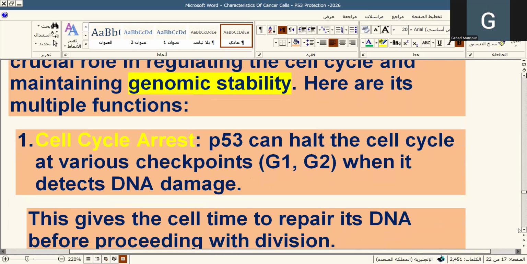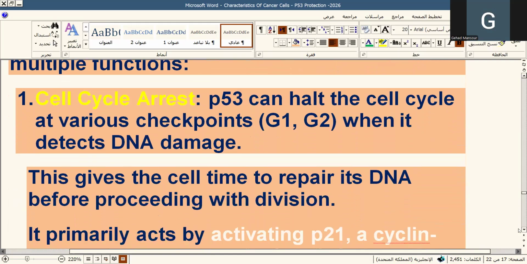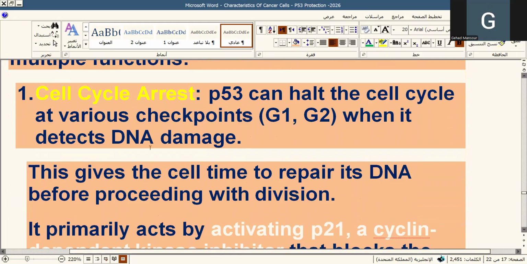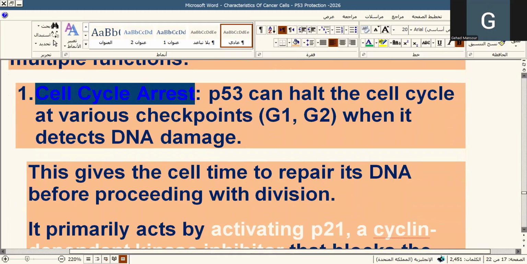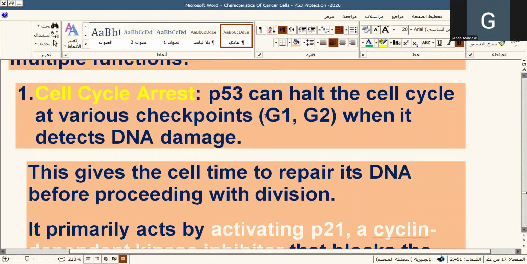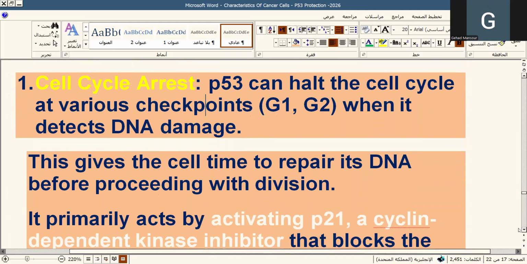Again, we are summarizing the functions of P53. Whenever there is DNA damage, then P53 will induce cell cycle arrest. And when is this done? Either at the G1 restriction point or at the G2 restriction point.